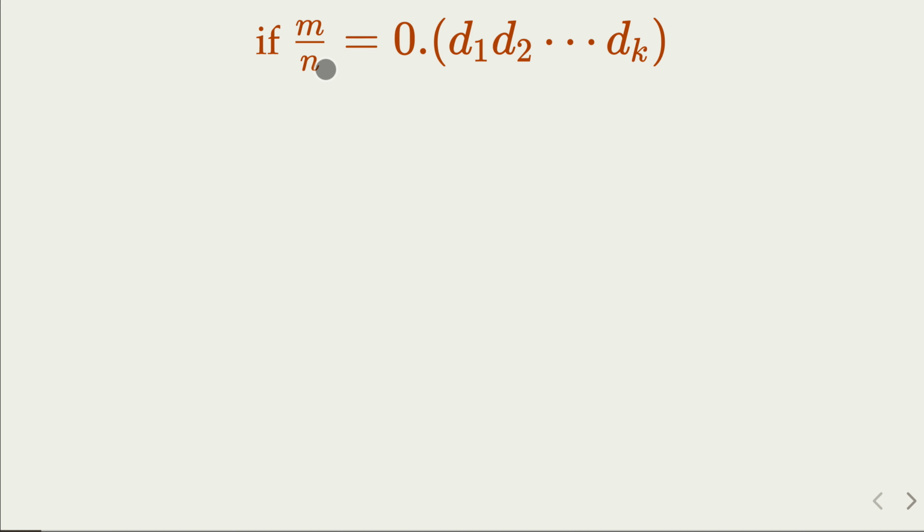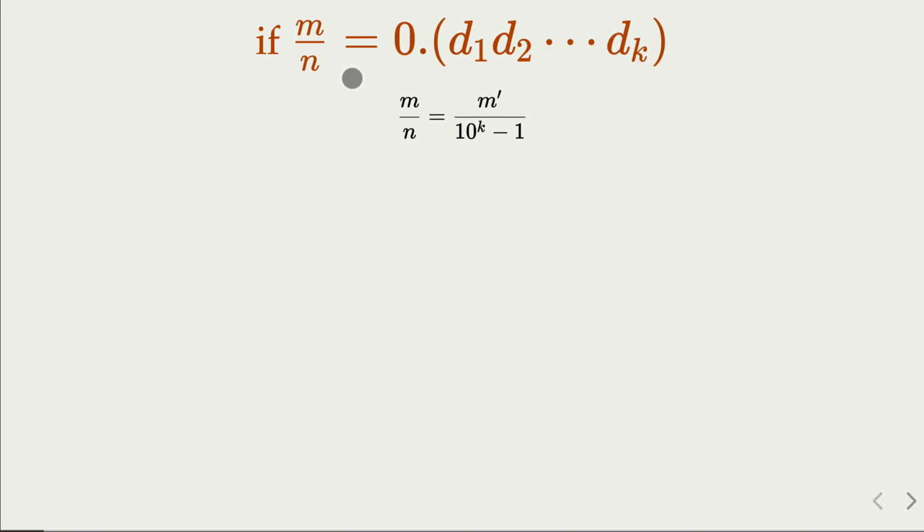And for the other direction, if we have a fraction that we know for sure is a pure recurring decimal, we want to show that n is relatively prime to 10. How do we do that?